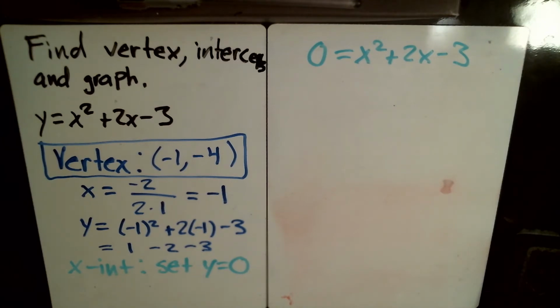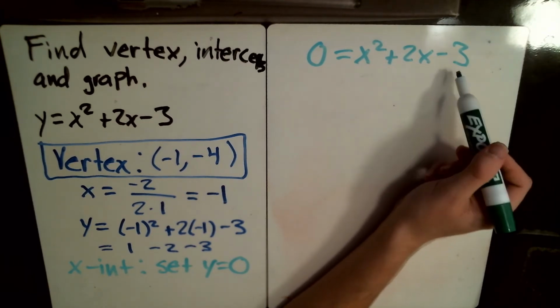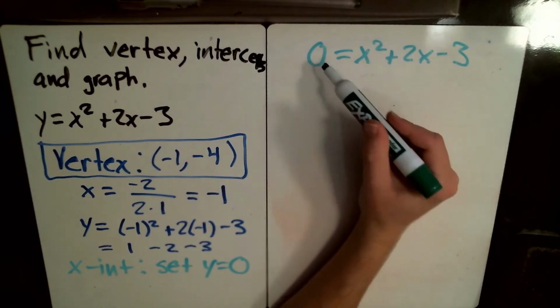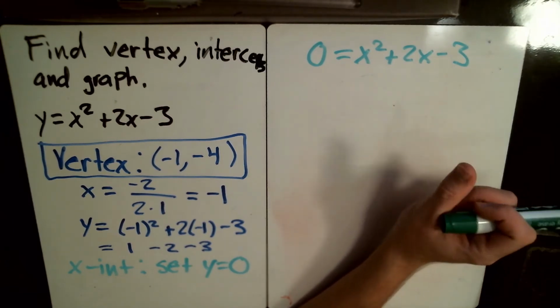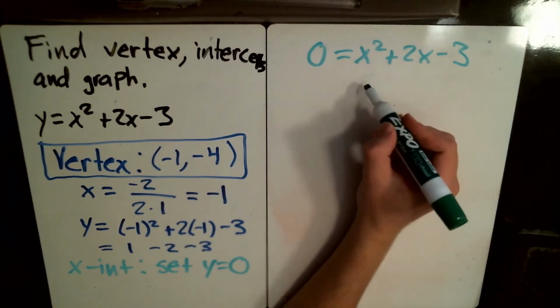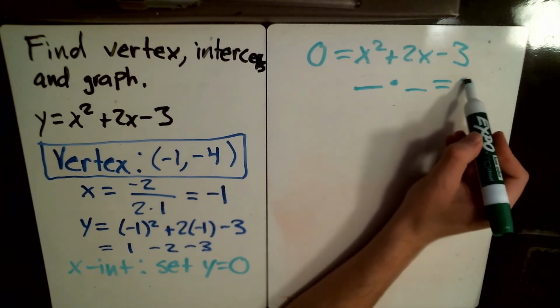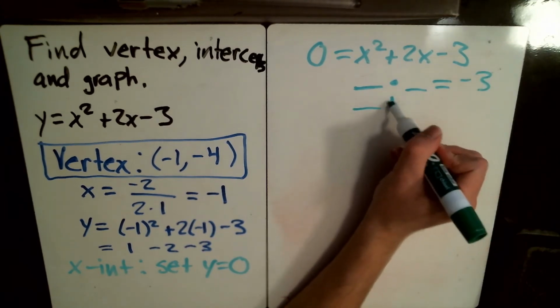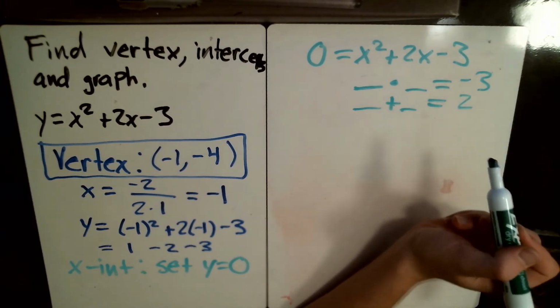So how do we solve this for x then? Well, this is a quadratic equation set equal to 0, so we can use the quadratic formula or we can factor it, either one. Let's try factoring first because generally that's a little bit easier. So let's look for numbers that multiply to negative 3 and add to positive 2.